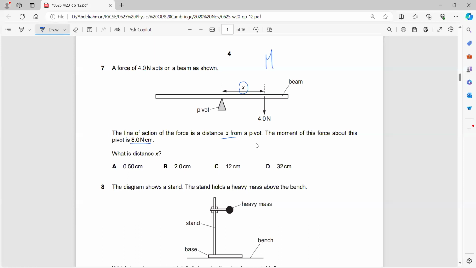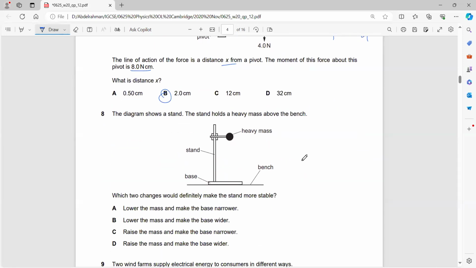Moment equals force times perpendicular distance. So to find the distance, moment divided by the force, in this case 8 divided by 4, would be 2. It's a very simple question.